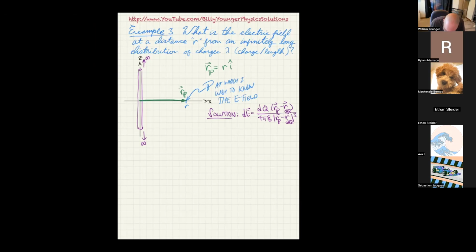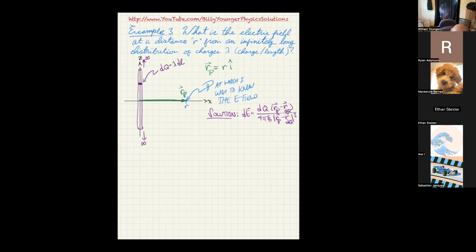Normally you try to find a representative dq, and it should be in the first quadrant, or on the positive x-axis, or on the positive y-axis. That way you don't have to deal with negative signs and all that. So I'm going to call this right here dq, and it's going to be lambda times dl.